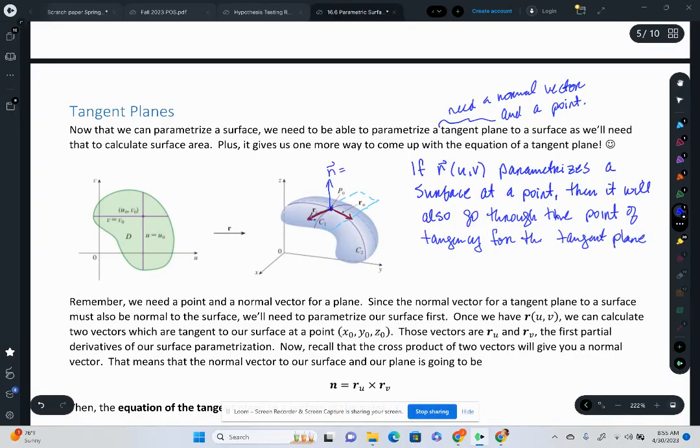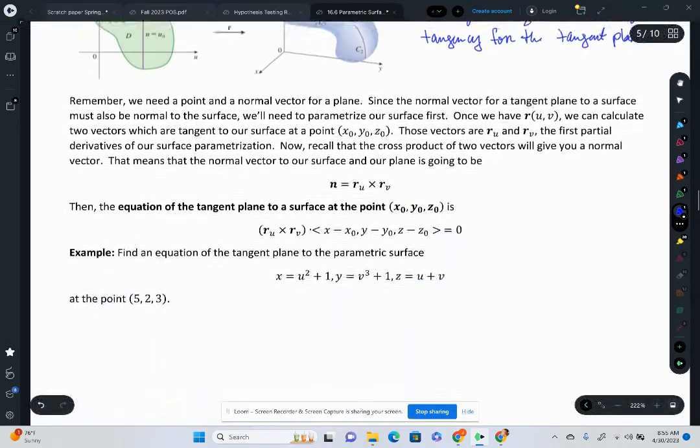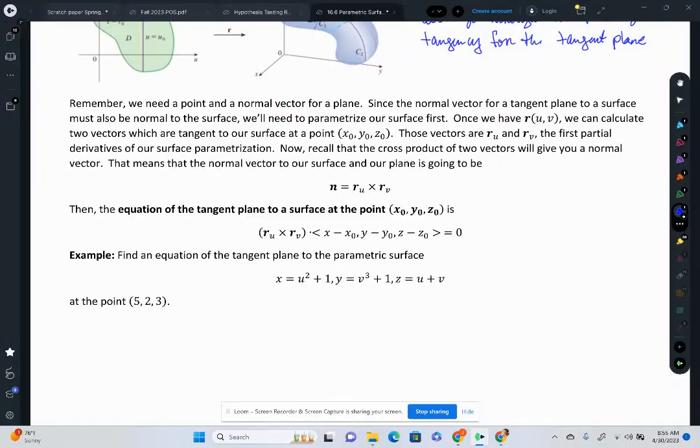And that normal vector would be the first partial with respect to u crossed with the first partial with respect to v of the parametrization. So that's the main idea here. P naught would be the point, and the cross product of r sub u and r sub v would be the normal vector. And so then we could put this all together and we have a new form for our equation of a tangent plane.